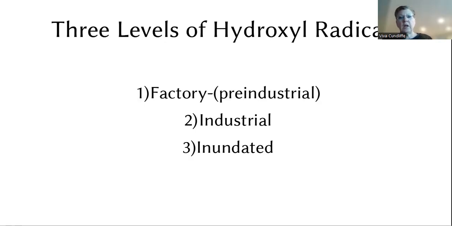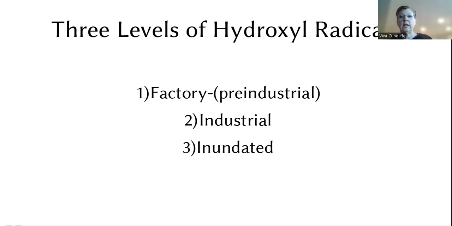We have the level two hydroxyl levels, which are industrial, which is where the pollution precursors to ozone trigger ozone, which then is the mother of many hydroxyl radicals in the troposphere, which steps up the pollution protection at that level, which I think is extremely well-crafted design. And then level three is inundated.